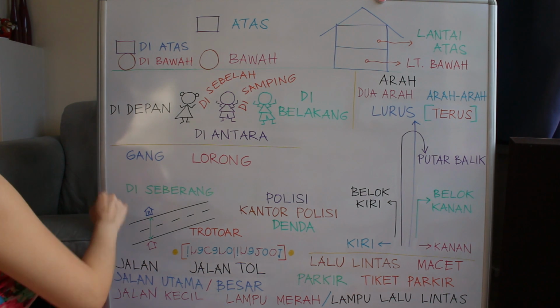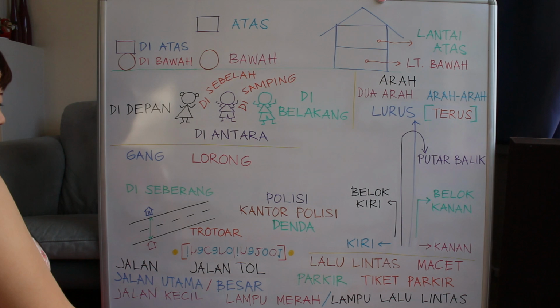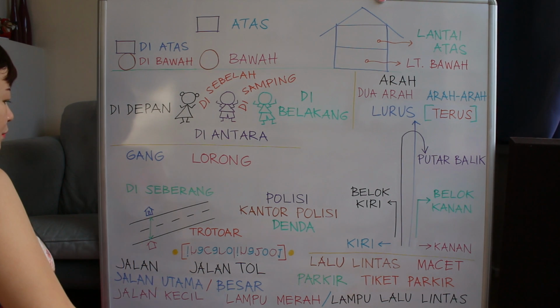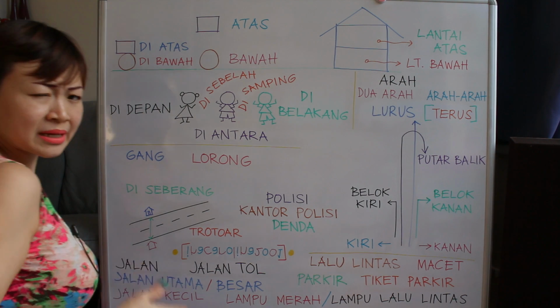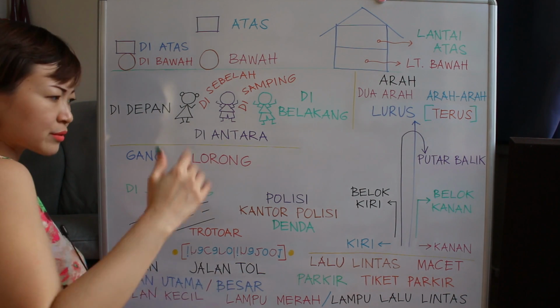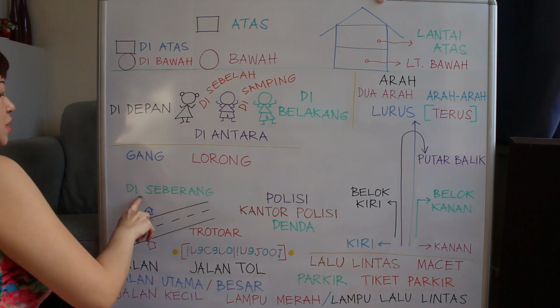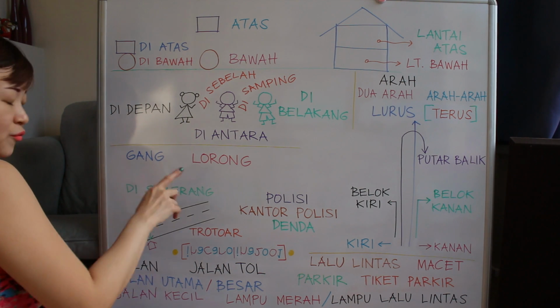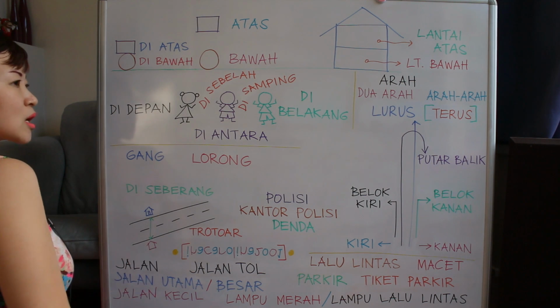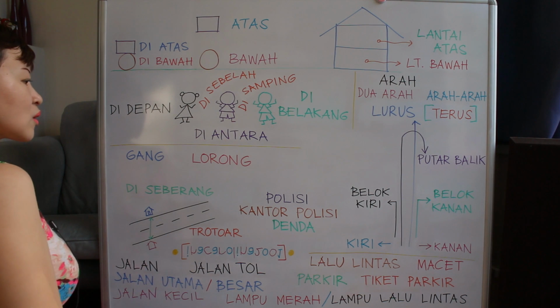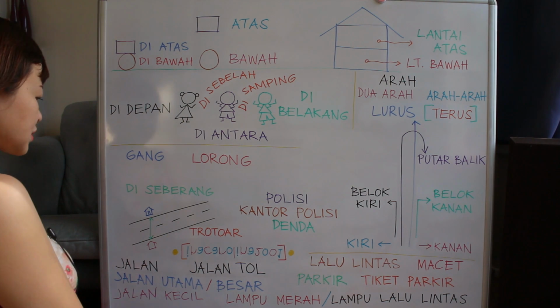Sometimes we can skip di. Don't forget the space. So di can be in, at, on, many other things. We use di. But seberang itself, of course, di seberang also means across.